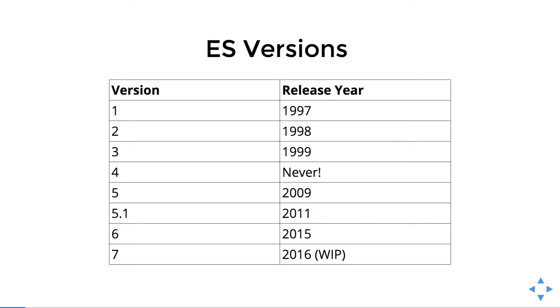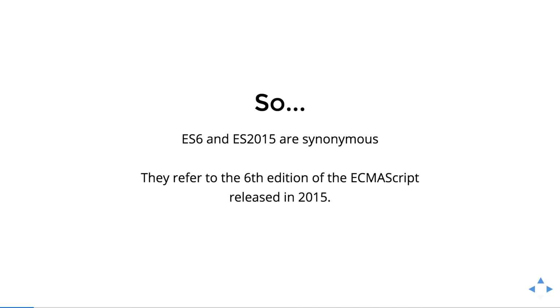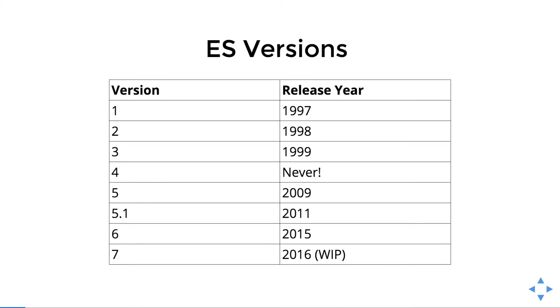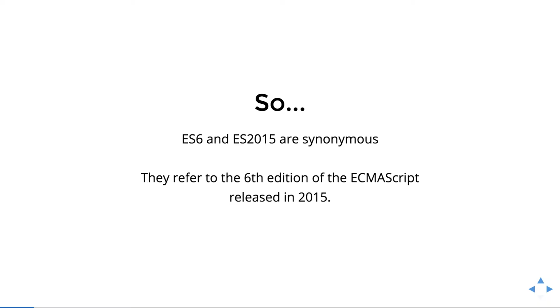So if you hear ES6, it's a synonym with ES 2015. It's just the year it came out. So you're going to hear ES6 or ES 2015, ES7, ES 2016. All they're referring to is the version of the specification and the year it came out. And then again, every year a new set of features is going to be added to the language. Any questions about that?